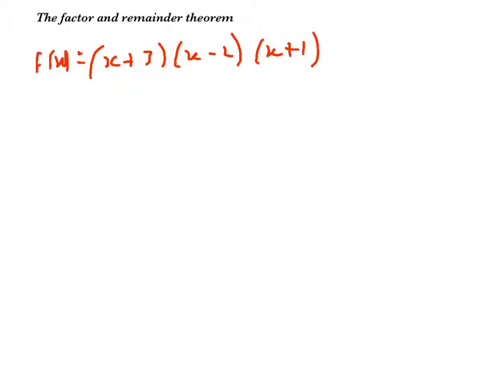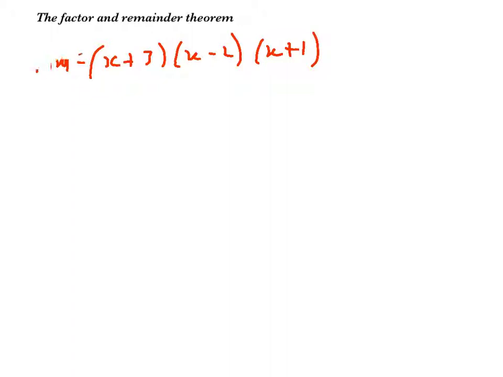So let's start off with what the factor and remainder theorem actually is. The whole point of this, guys, is essentially at this stage you cannot factorize a cubic expression, for example, or a quartic, or the list can go on. At the moment you can be given, say, x plus 3, x minus 2 and x plus 1, f of x equals, and then the question could say draw that, and I'm sure you could, and then you could differentiate, etc., to find the max and mins.